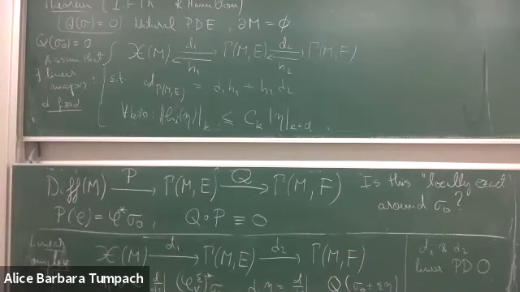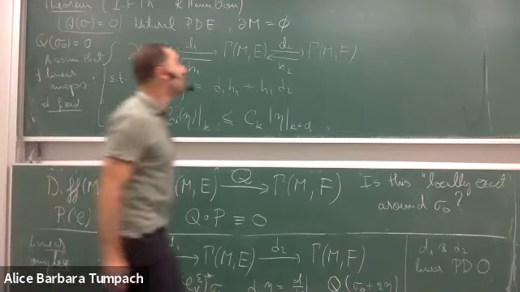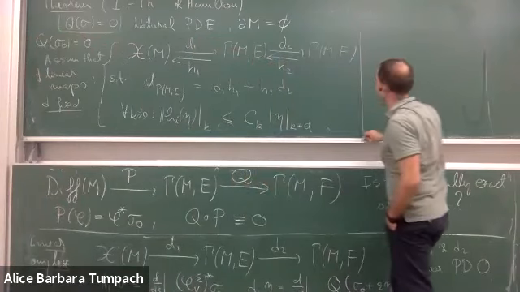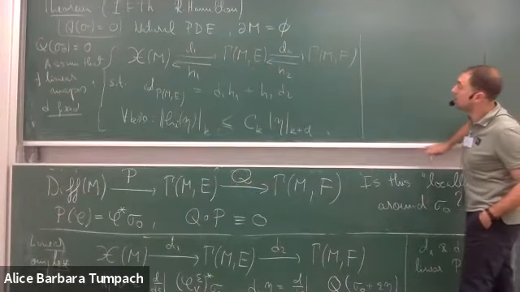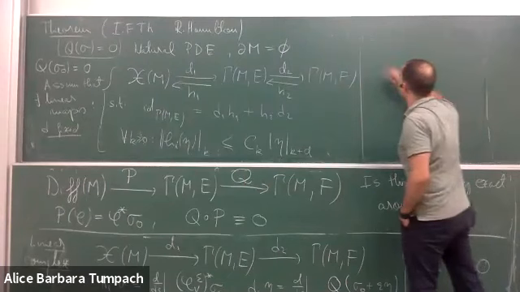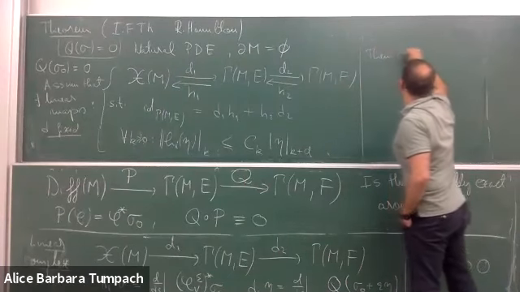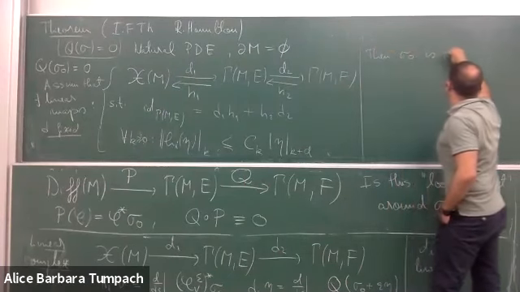So if we assume that this holds, then rigidity holds in the sense that I defined earlier. Then sigma 0 is rigid.